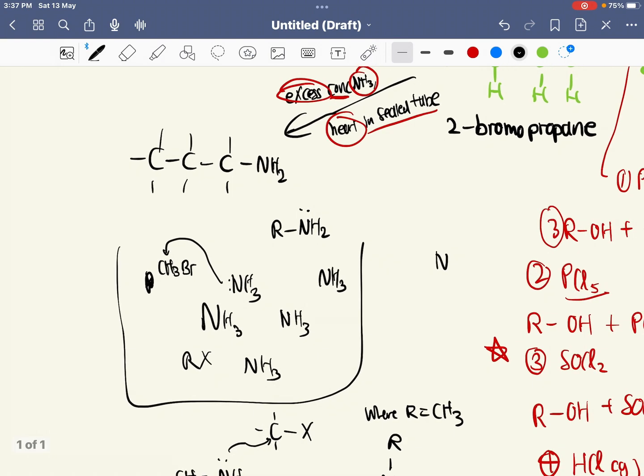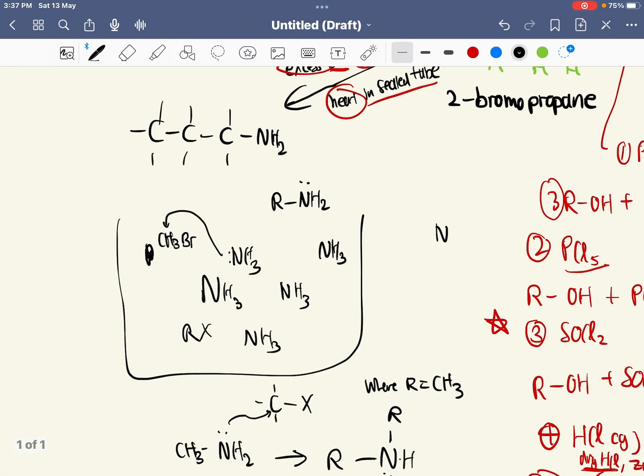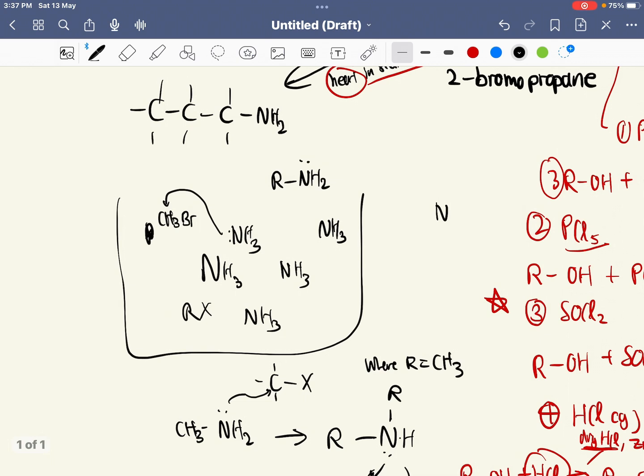Now I'm going to explain why we have to use excess ammonia. Imagine I have a reaction tank here with a lot of ammonia and very few RX. When I have a lot of ammonia, the lone pair of electrons on my N atom will attack the slightly electron deficient, delta positive carbon that has the halogen attached to it.